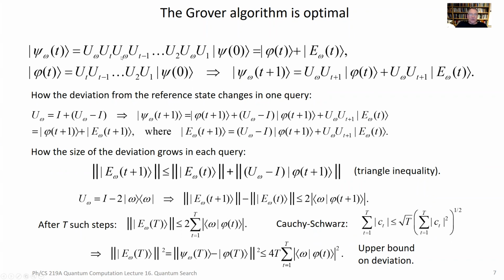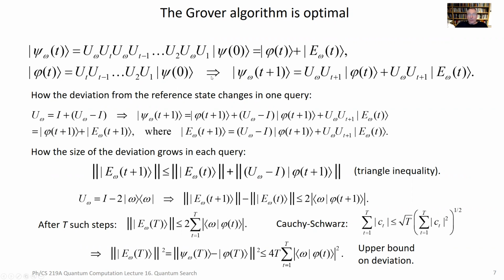And I'm going to write this vector as my reference vector, phi of t, which is obtained by the same sequence of unitaries that I chose, but without any of the queries to the box. I'm going to write it as phi of t plus the deviation.